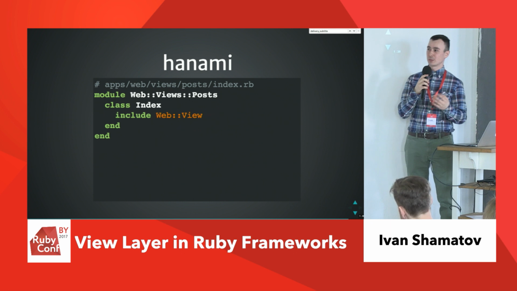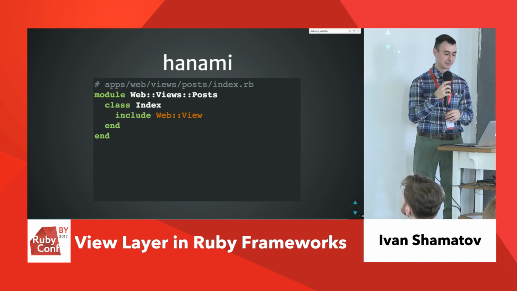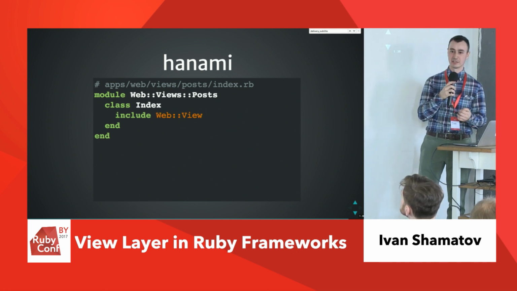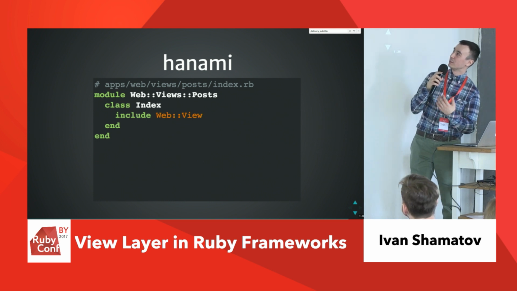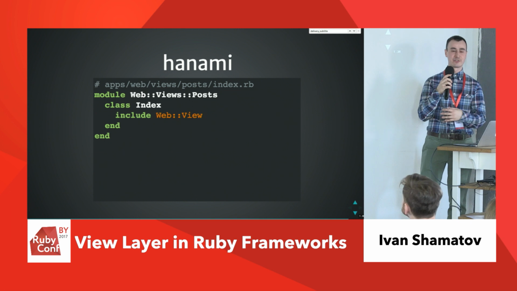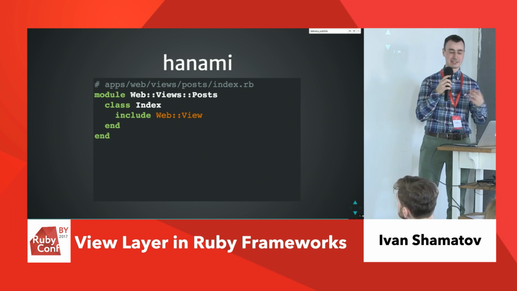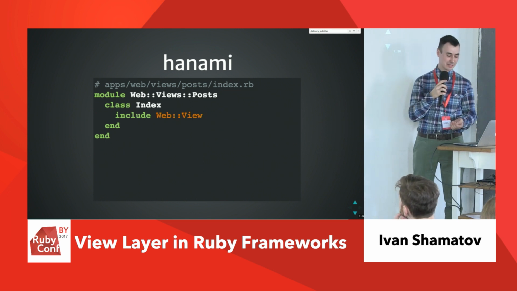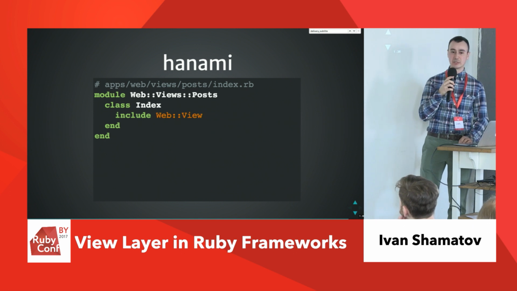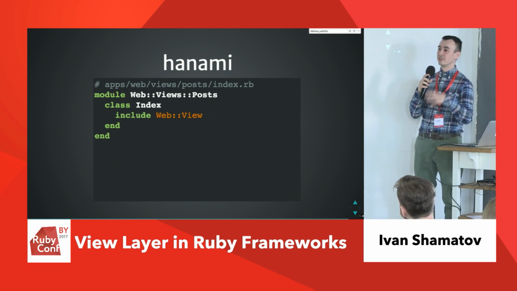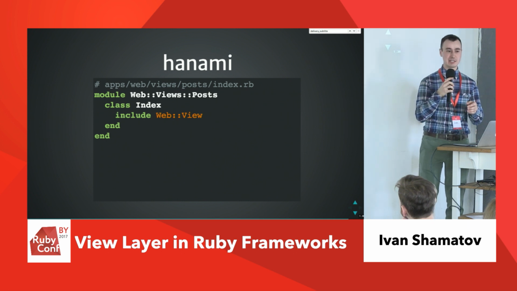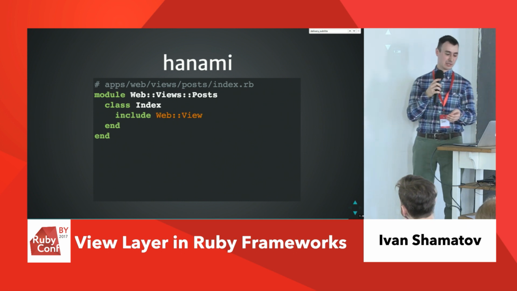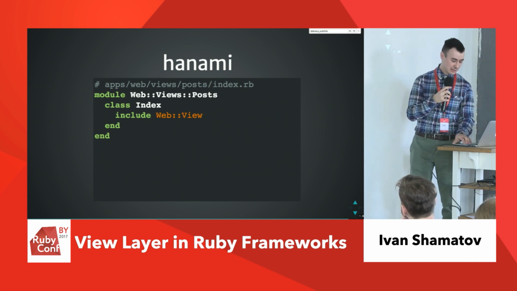Well, I have to admit that it was tough for me to call this view inside of Rails, and that was a problem, because view and controller in Hanami are so tightly coupled that it's really tough to test.